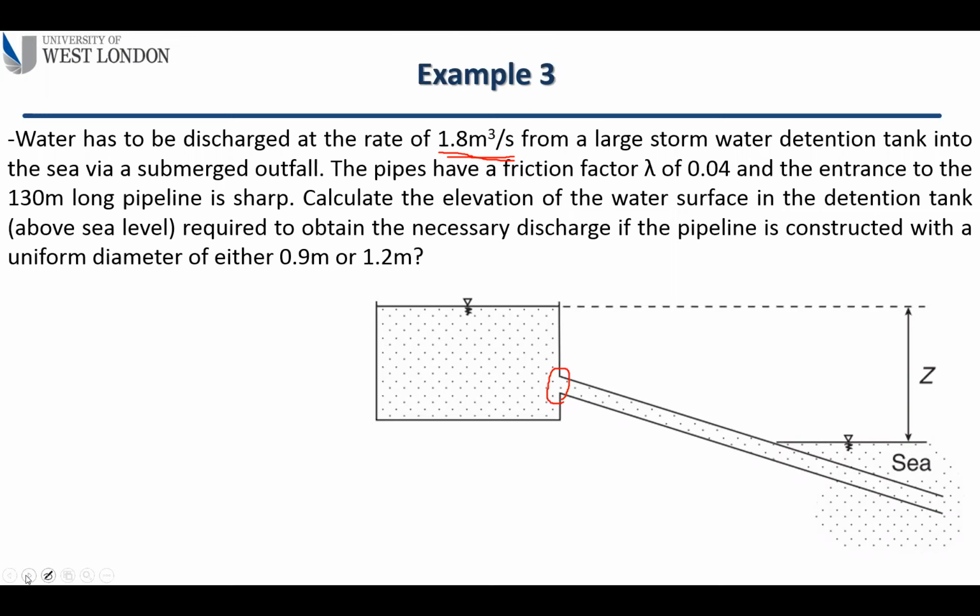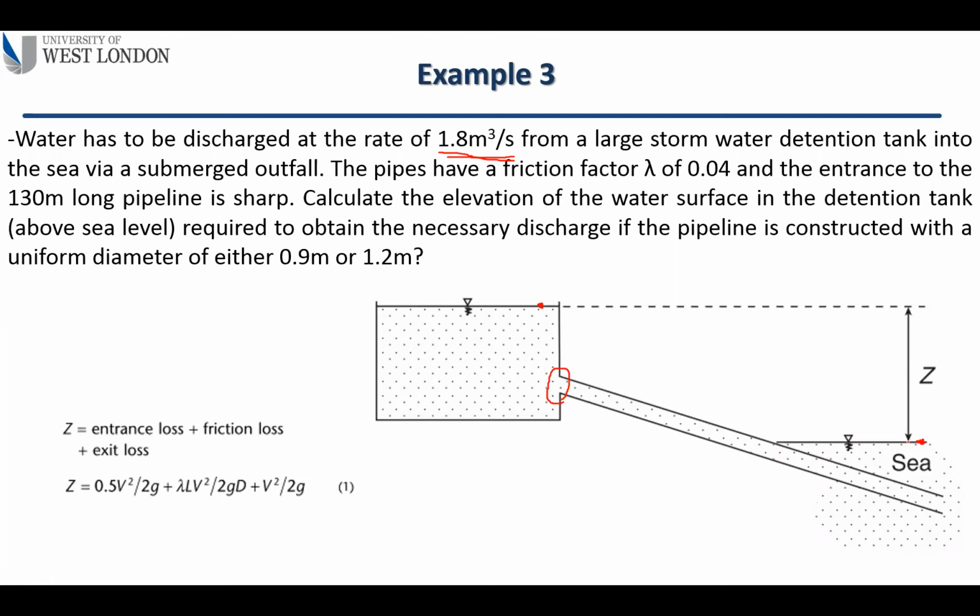If we use Bernoulli's equation between a point at the water level in the sea and the water surface at the top of the reservoir, we can cancel out the pressure head and also the velocity head, because they are zero.